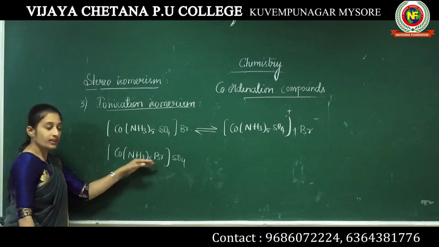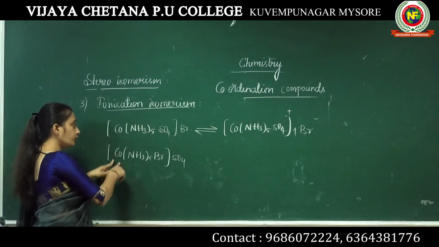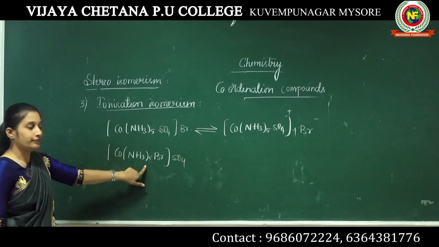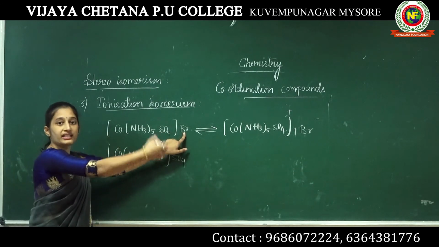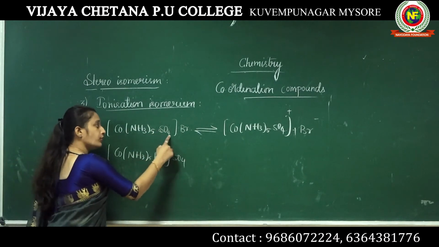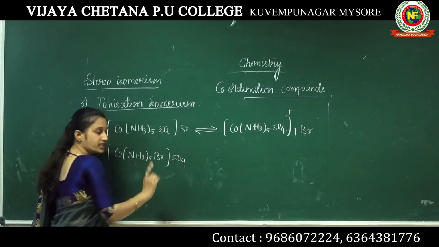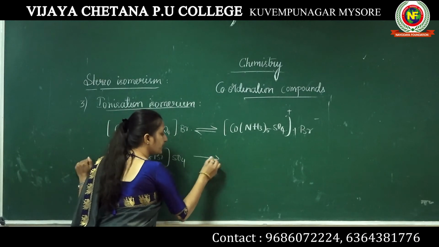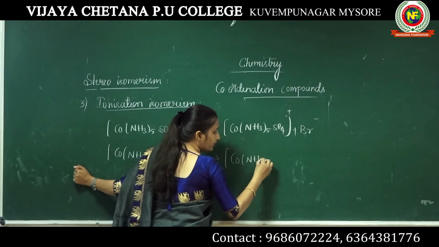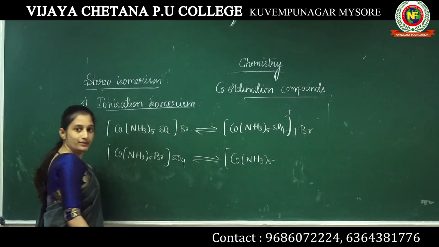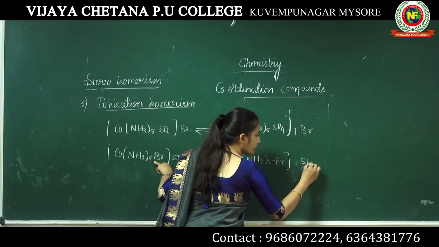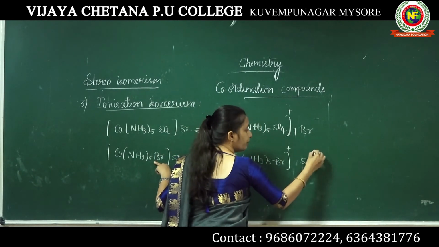Just see this. Here, how many Co are there? Only one, cobalt. How many NH3 groups? 5. They are inside the coordination sphere in both. Here SO4 is inside, outside here. Now I am going to split this. Co(NH3)5, Br, SO4 with plus and minus.